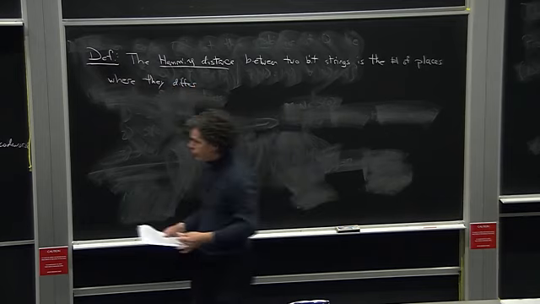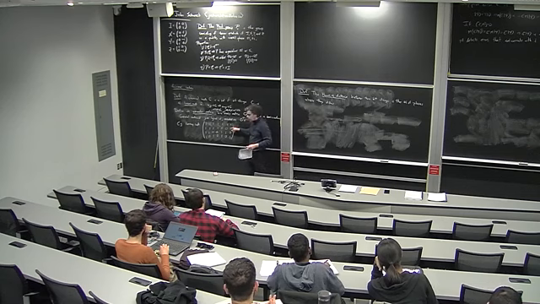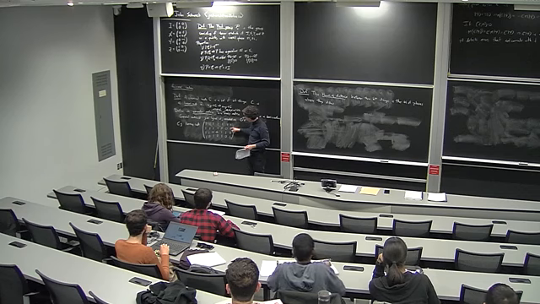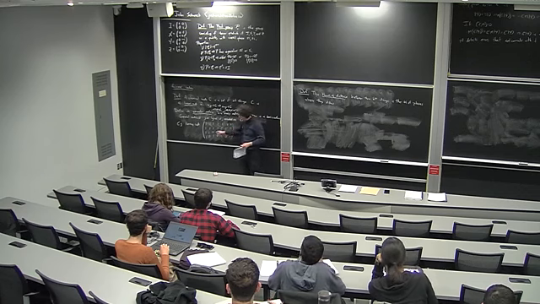So for instance, the Hamming distance between this and this is 3, because they differ in these last 3 places. And the Hamming distance between this and this is 4, because they differ here, here, here, and here.